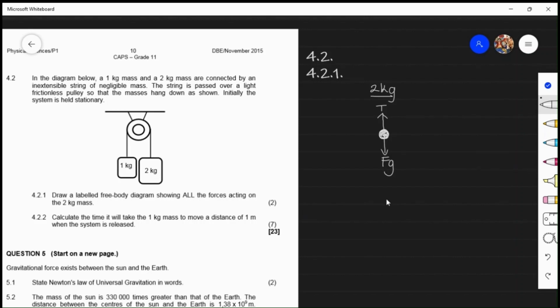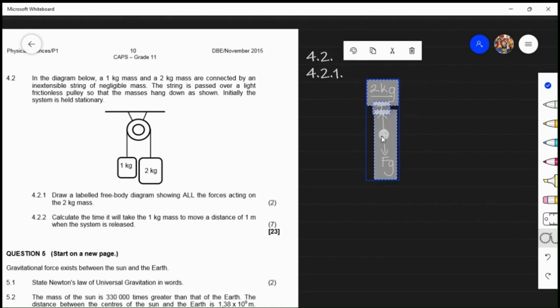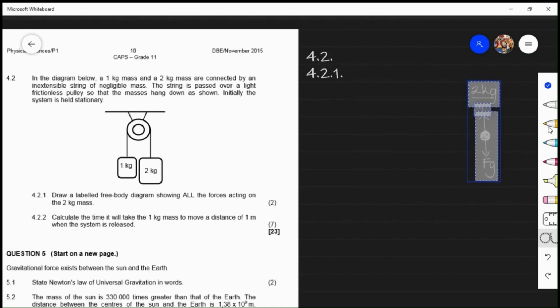So away from the object will be either up or down, but the string is going up. So that means our tensional force will act in the up direction, which is away from the mass but along the string.